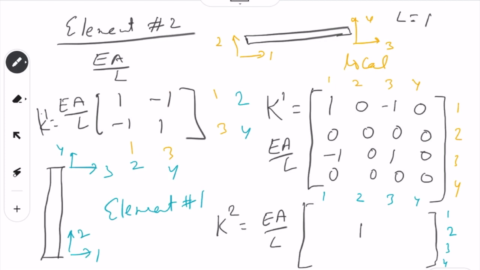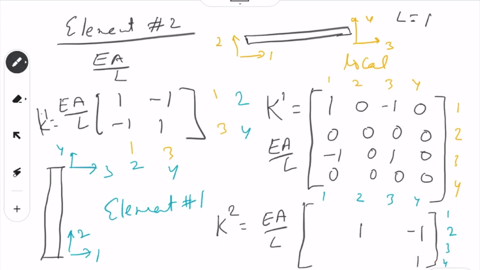Then 2 4 is minus 1, and similarly 4 2 is minus 1.